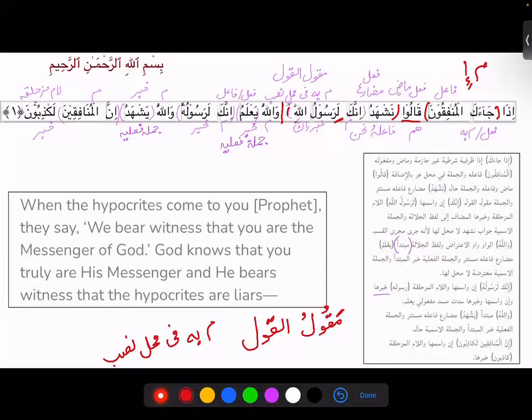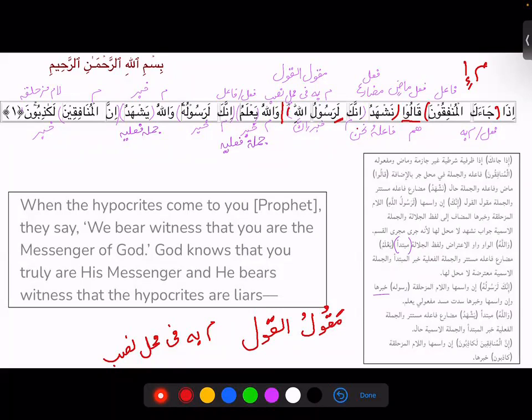Is that the munafiqeen saying wallahu ya'lamu? No, that is Allah speaking. So it is not connected, not maqulul qawl anymore. Our maqulul qawl has finished up till here. It's a new sentence, and now Allah subhanahu wa ta'ala is talking.